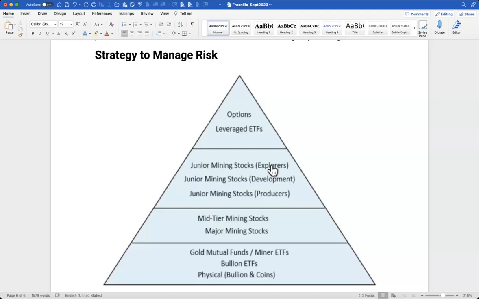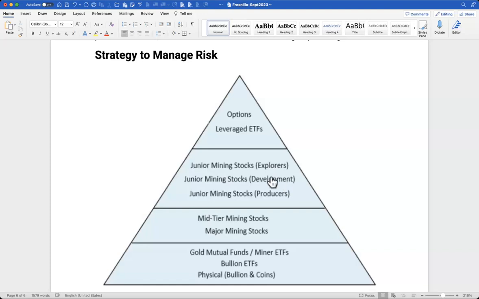Some maybe 0.3, but very few explorers are over 0.3. So I have small allocation explorers. These are basically drill stories. And then developers, I rarely would go over 0.5%. Pretty rare, maybe one or two stocks would get more than 0.5, but most of my developers are 0.3 to 0.5. 0.3 would be more normal.